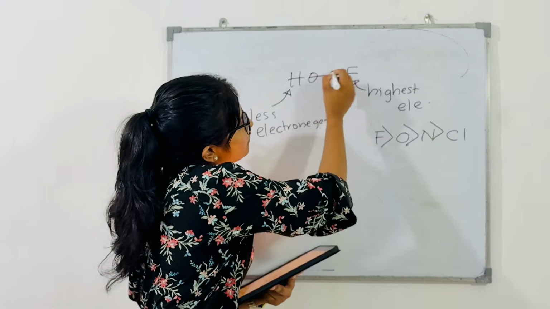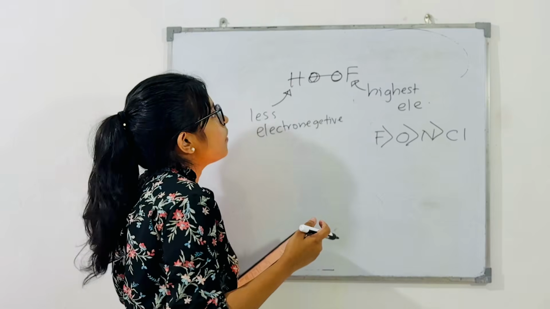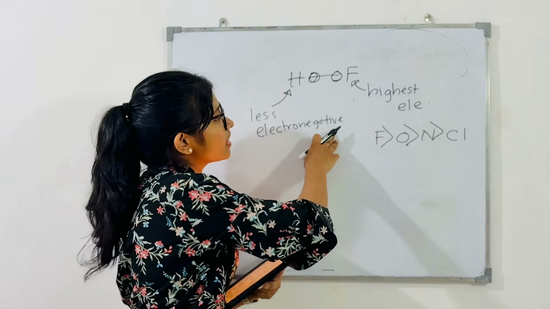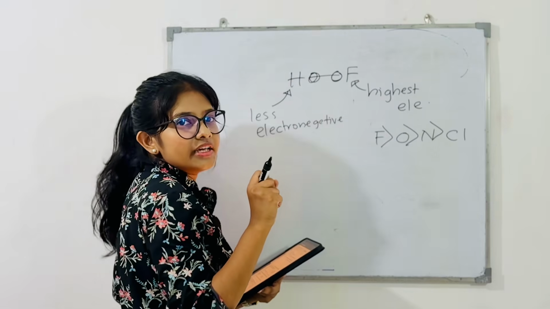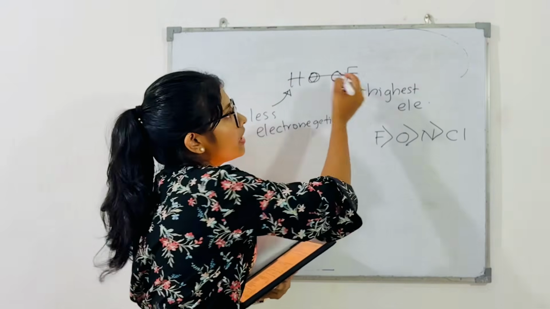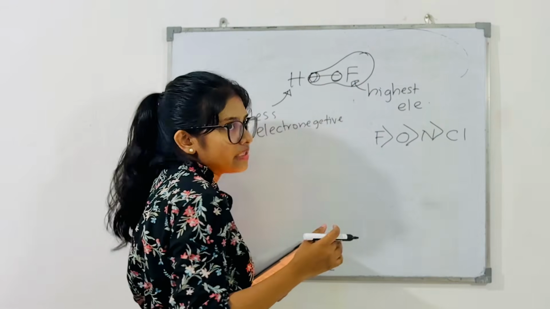These bonds represent two electrons. So with less electronegativity, it means they do not like electrons much. They allow the other atom to attract these electrons to itself.